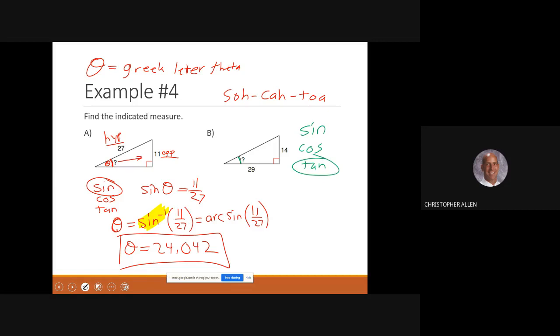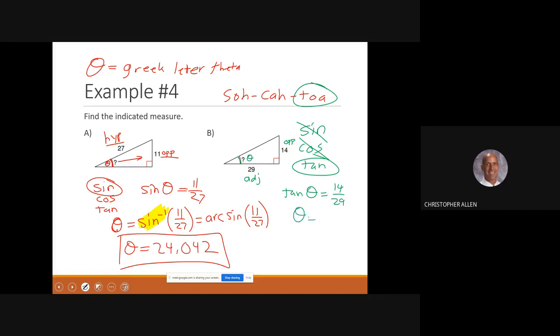This one we're going to use tangent because 14 is opposite the angle and 29 is adjacent. So that means we're going to do the tangent. These other two will not work. And again, I'm going to call that theta if you guys don't mind. The tangent of theta is equal to 14 over 29.